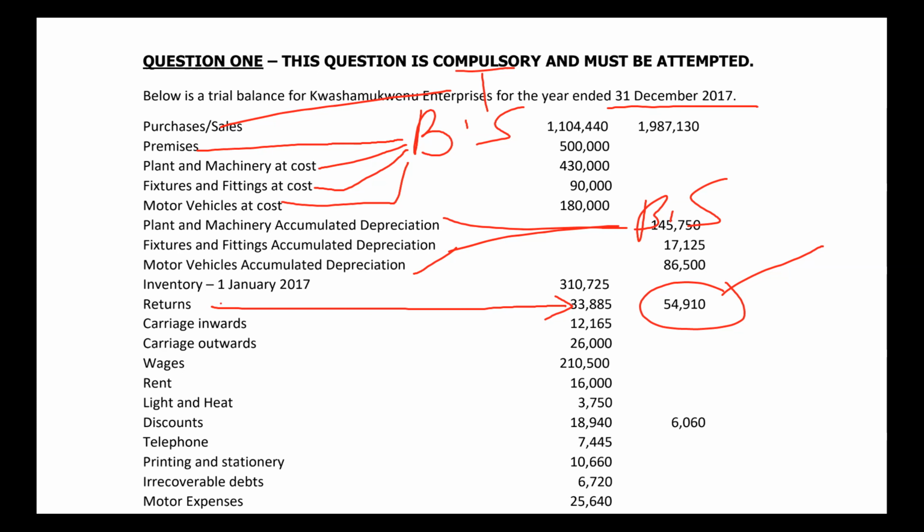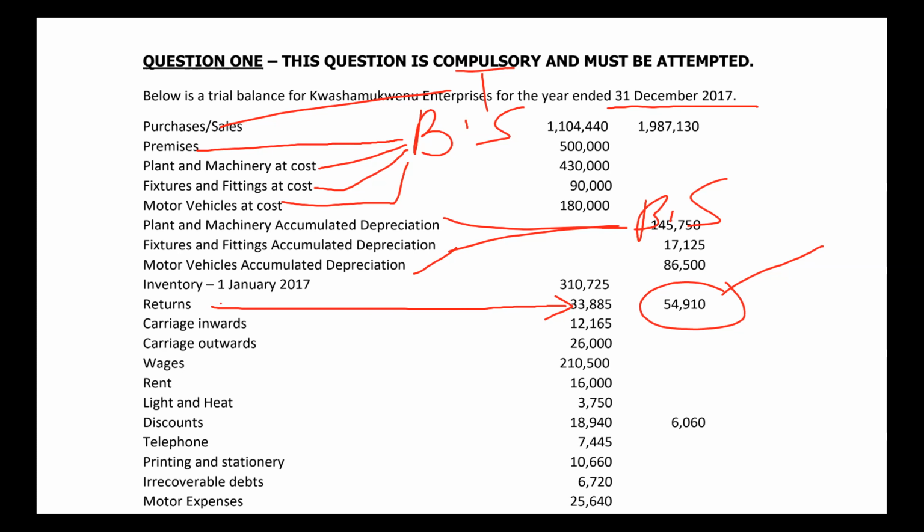Probably they don't meet your standard, or maybe the quality is not right. So you return those things to your suppliers. You say, here are your things. So when you return the purchases, that is called the returns outward. Outward of what? Of the business. Is that fair? Yes, sir.